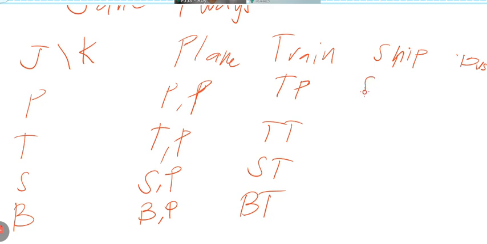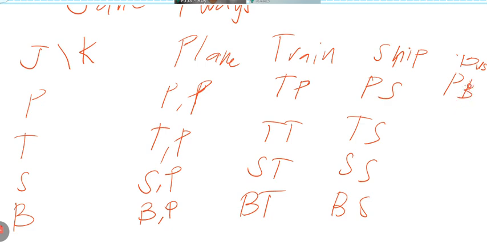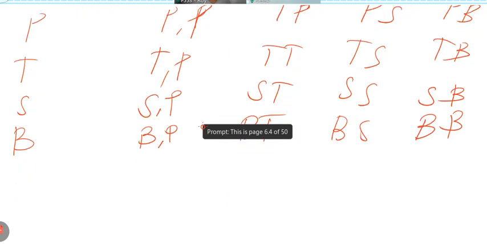Next we have plane and ship, train and ship, ship and ship, and bus and ship. And the last ones: plane and bus, train and bus, ship and bus, and bus and bus. Okay, that's all 16.